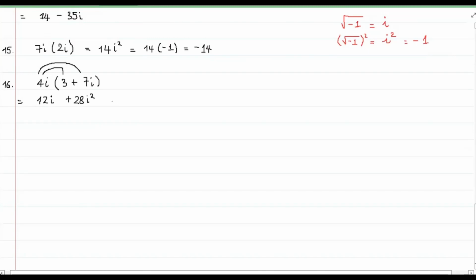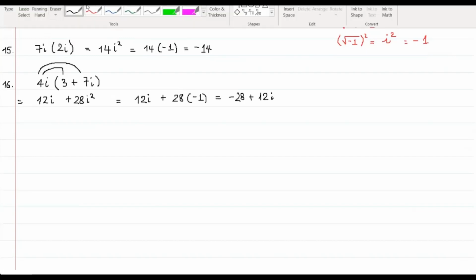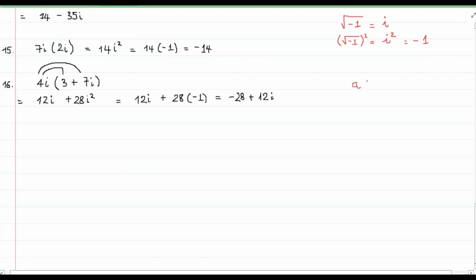Remember, i squared is negative 1, so times negative 1, it becomes minus 28 plus 12i. This one is written in the form a plus bi, right? So the real part, and then the i part.